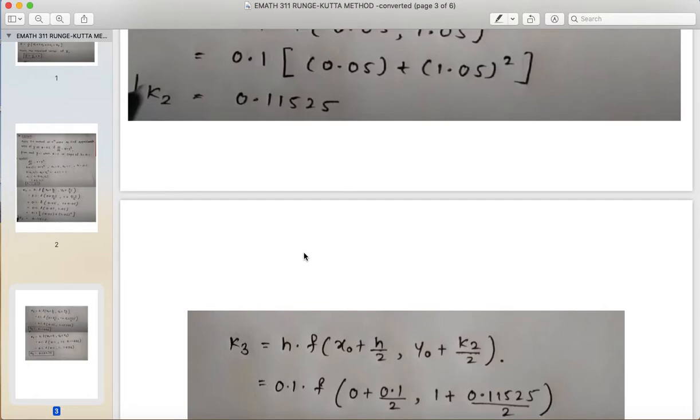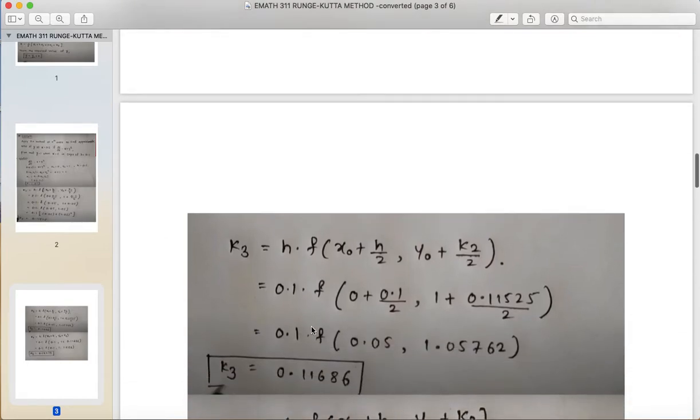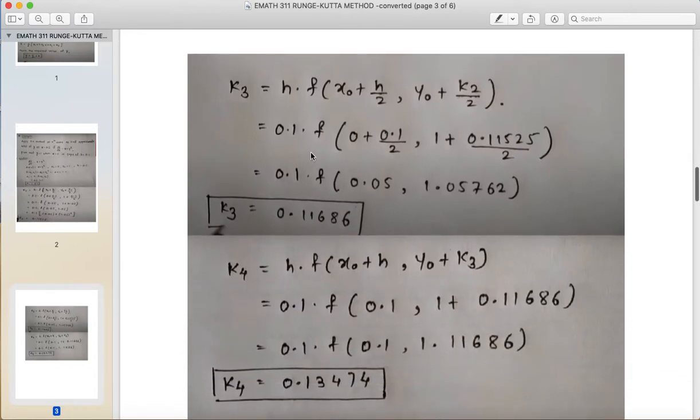Alright, we proceed since we already have the second k. Next is k number 3. For k3, we also substitute all the given values: h is 0.1 times f of x naught, which is 0, plus 0.1 over 2, and y naught, which is 1, plus 0.11525, which is our k2, divided by 2.